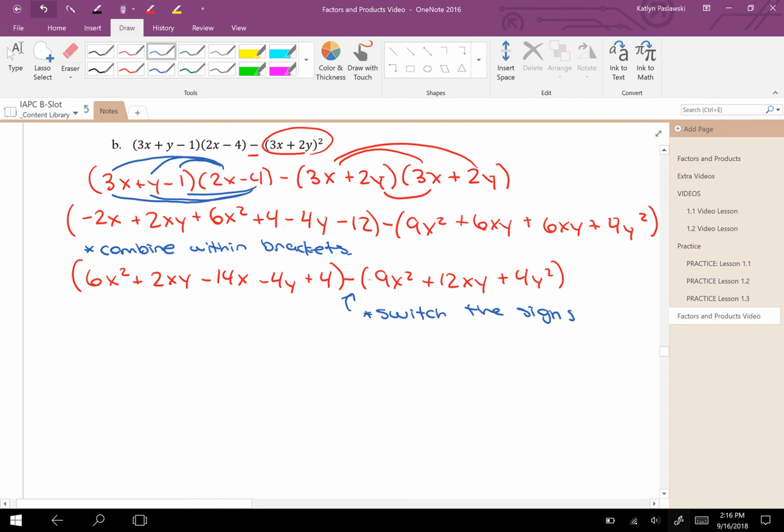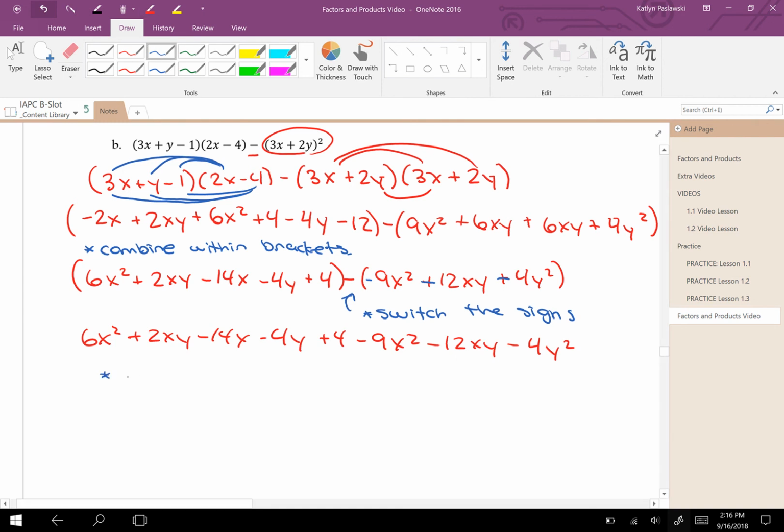So this will be a negative 9 subtract 12 minus 4. I'm going to rewrite them with their proper signs. We have 6x squared plus 2xy minus 14x minus 4y plus 4. Subtract 9x squared, subtract 12xy, subtract 4y squared.